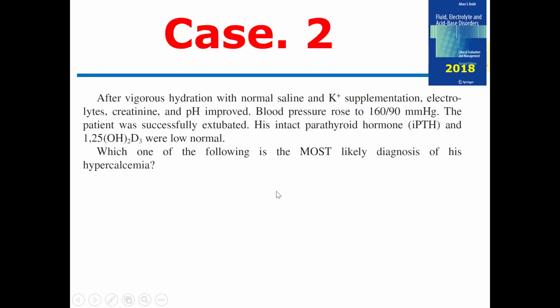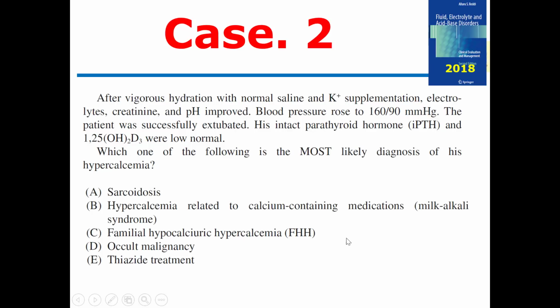Which one of the following is the most likely diagnosis of hypercalcemia? Please apply the principles that we discussed together. Is it thiazide? No, because calcium in urine is normal, so it is not reduced, and the chloride is not within thiazide diuretics, and the sodium in serum is high. So thiazide is unlikely.